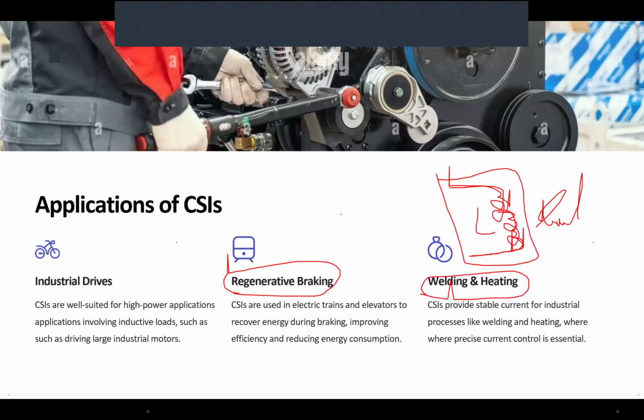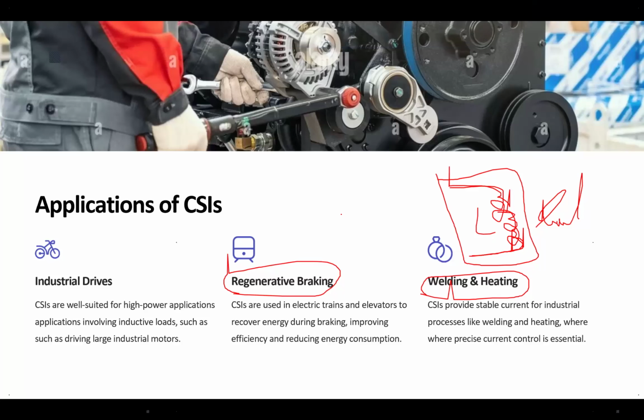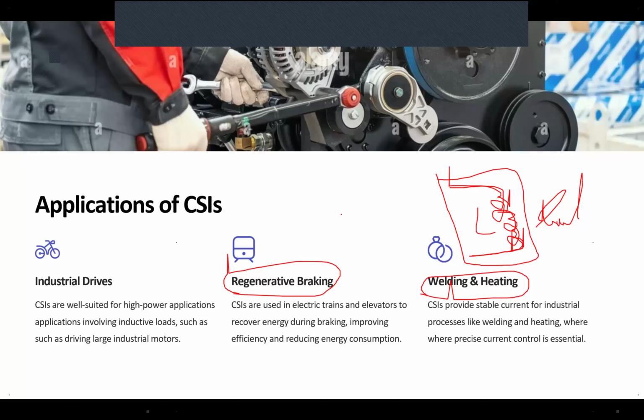Why? Because L doesn't like sudden changes in current. Do you remember that? V equals L di over dt. The inductor doesn't like change in current.